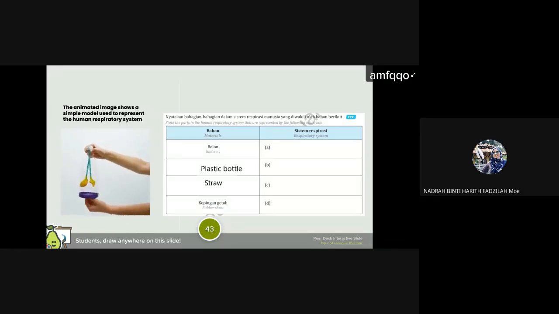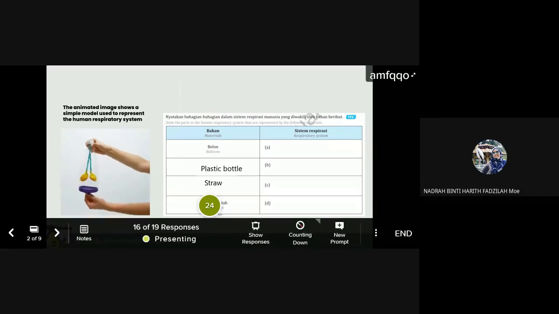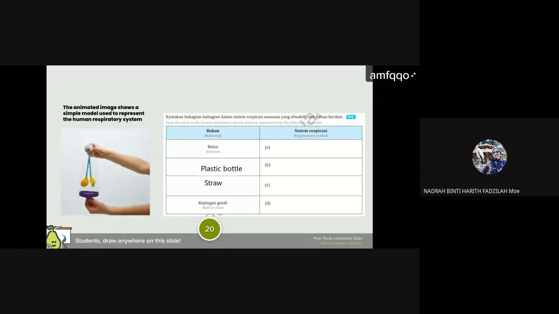Kalau guna stylus tu, if you are very good, very fluent, very competent in using the stylus, dia memang cepat sikit lah. Okay, we already have 19 people in the paddock. In the Google Meet, we have 17. Peliknya ada 17. Oh yelah, one is my own. So betul lah, sama lah.